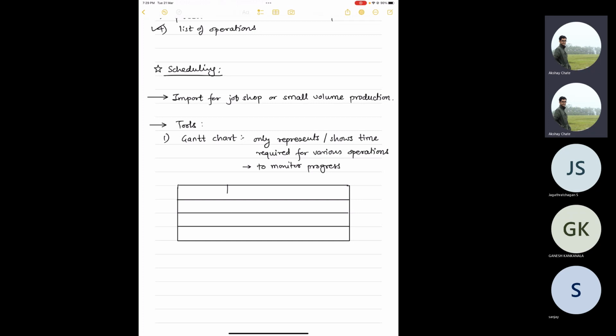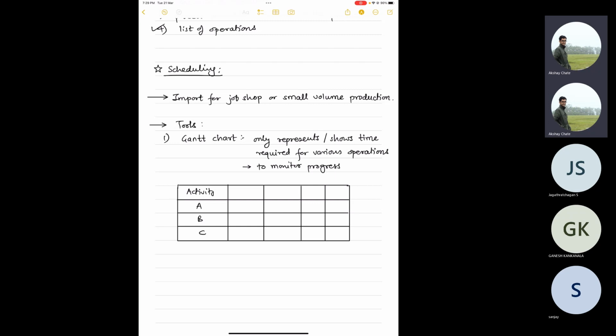So you'll have activities, let's say A, B, C, and then you'll have time.